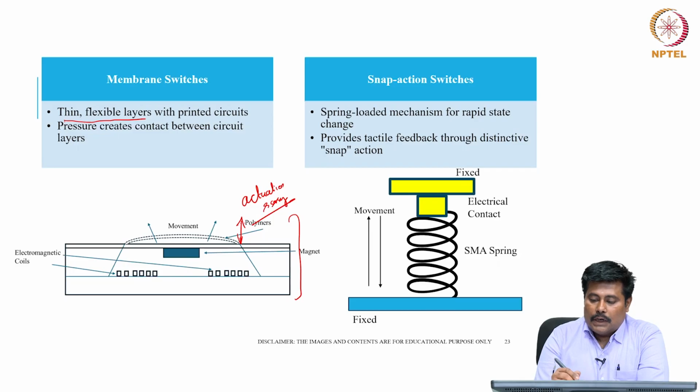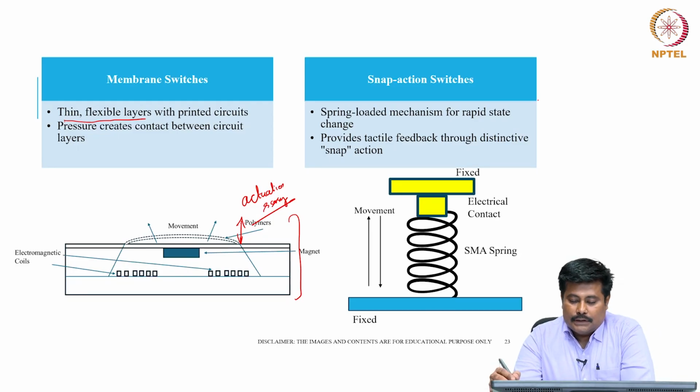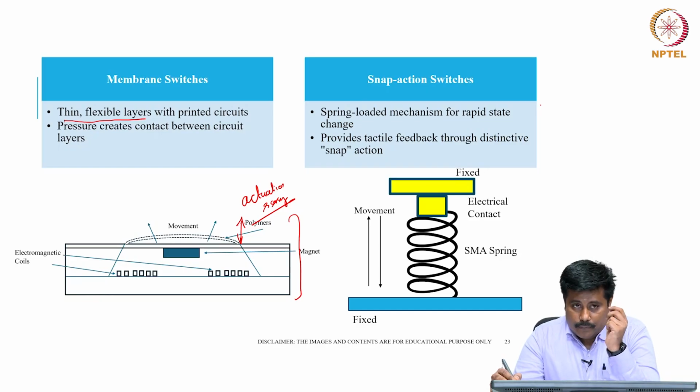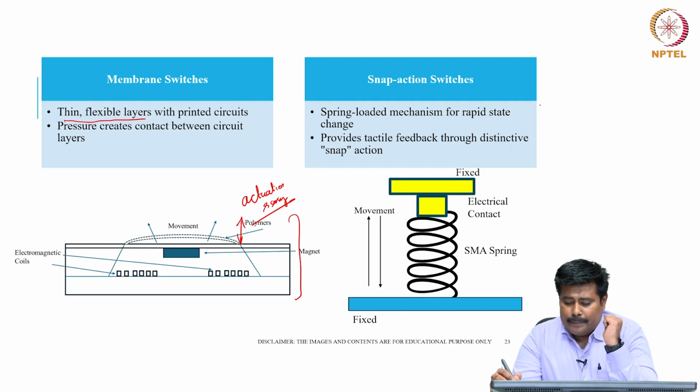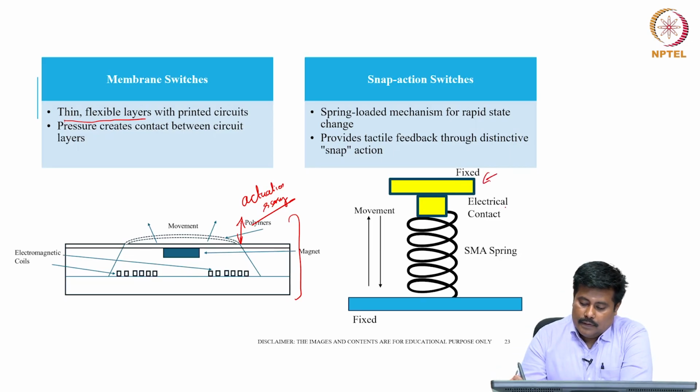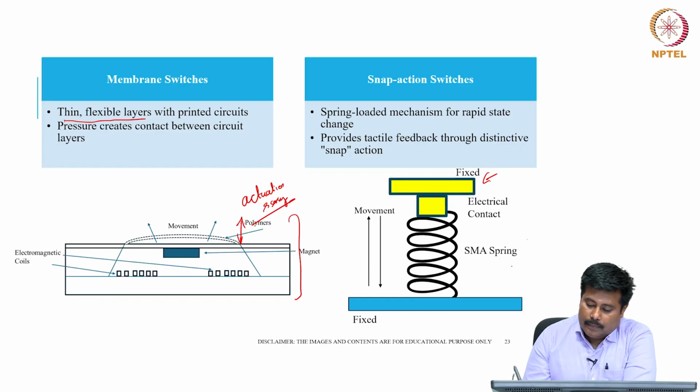Now, let us talk about the snap action switches. These snap action switches have a spring-loaded mechanism for rapid state change. They provide tactile feedback through a distinctive snap action. The fundamental structure has a fixed system with an electrical coil. In certain cases it might be a shape memory alloy spring, or an excited spring, which means it has a coil connected over here.